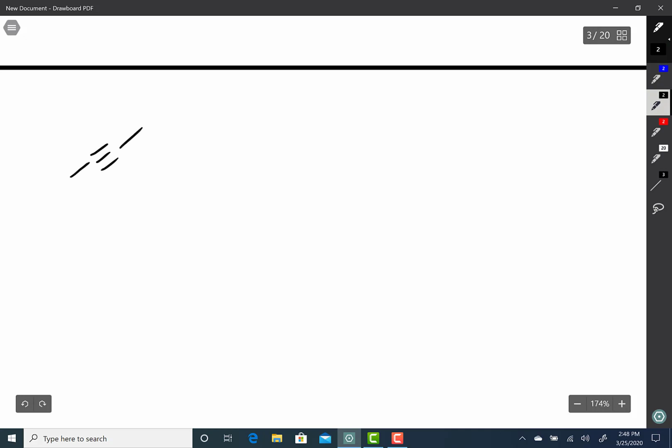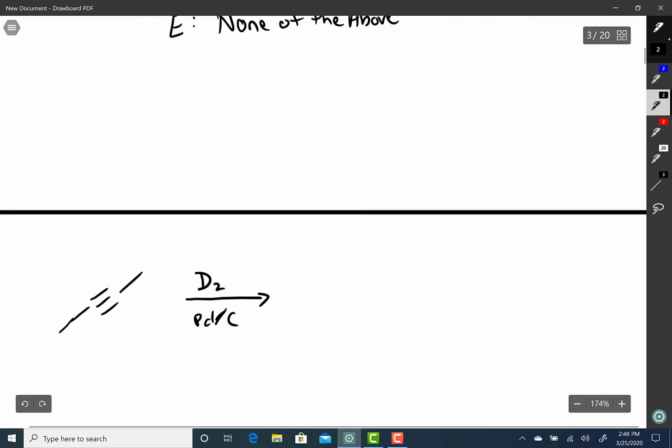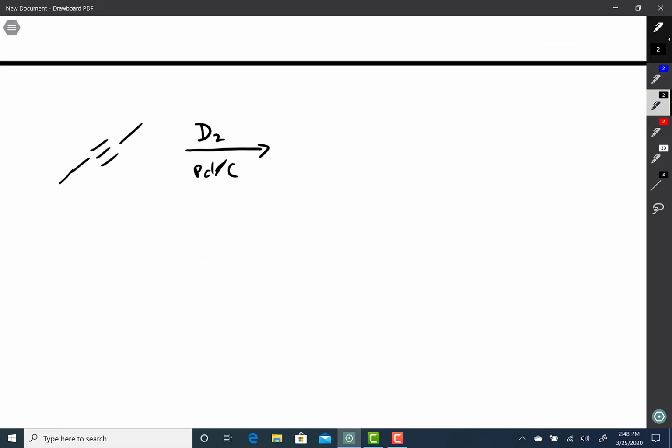And our main choices of reacting with alkynes at this stage is we can use palladium on carbon, and this is essentially the most powerful reducing agent that we have. It takes alkynes all the way down to alkanes, which in a way is kind of what we want to do. And it does this by adding deuteriums, syn, to each other.